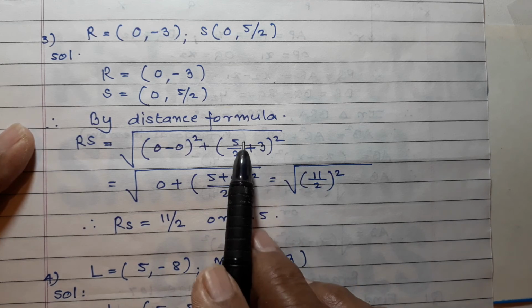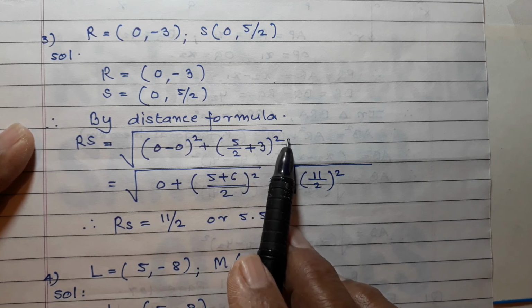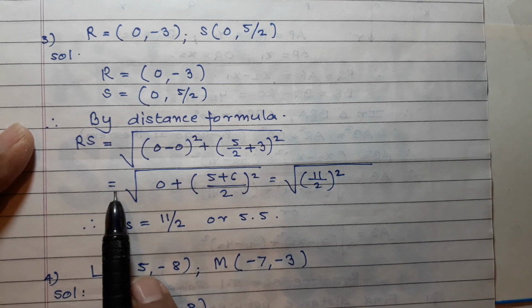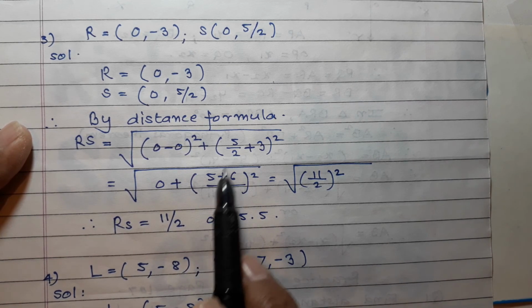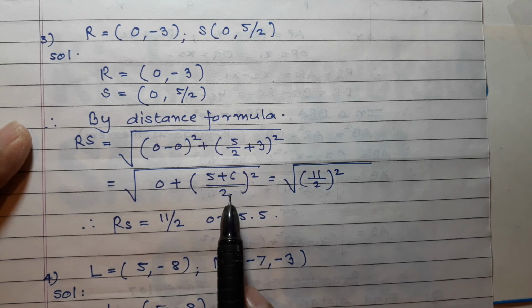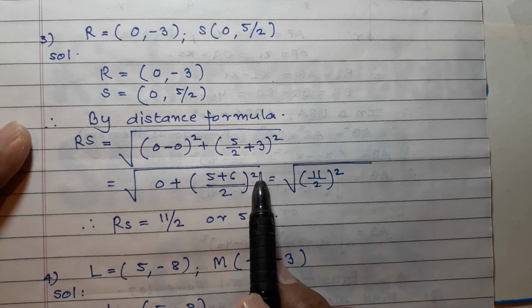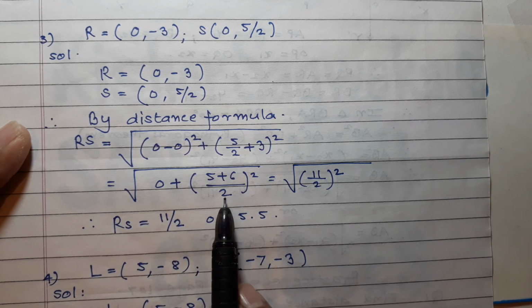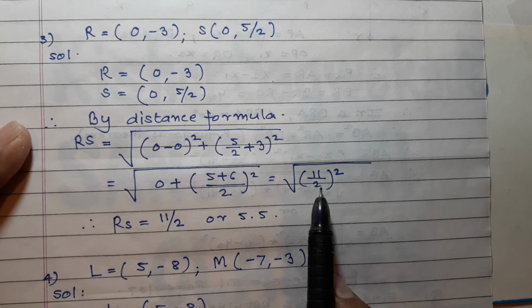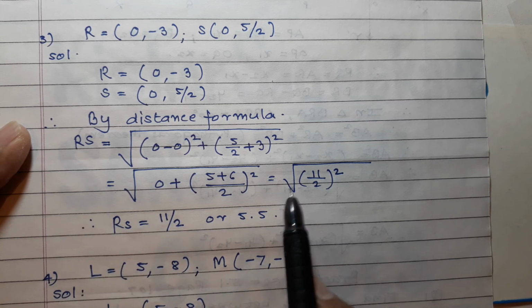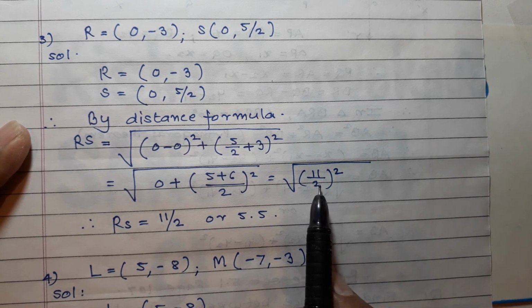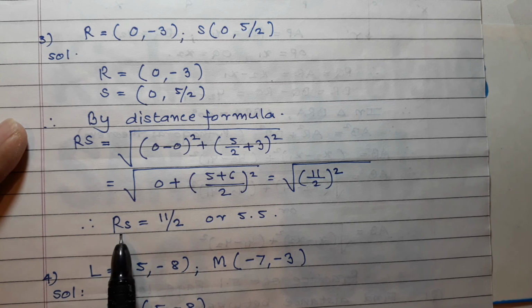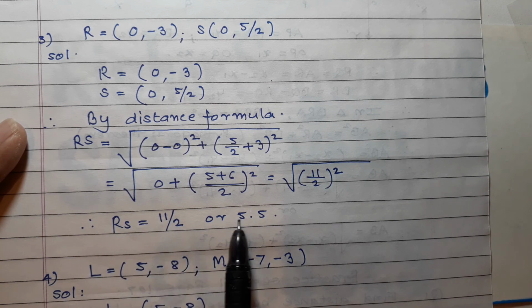Sorry, (5 upon 2 plus 3) square, and is equal to under root, this is 0 plus, now this you add, so denominator is 2, so (5 plus 6 upon 2) square, and 5 plus 6 upon 2 is equal to 11 upon 2, and therefore RS is equal to under root (11 upon 2) square, that is 11 upon 2, and therefore RS is equal to 11 upon 2 or 5.5.